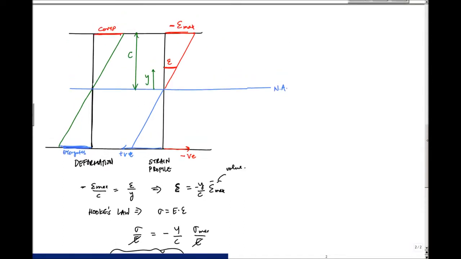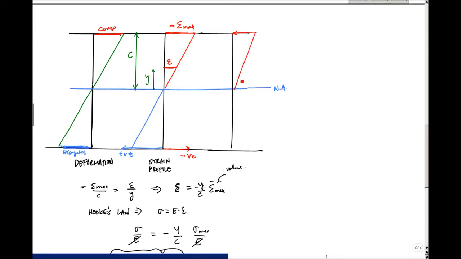And you can see that if you multiply every point of this profile view by the modulus, I would get a compressive or negative stress here, meaning stress going in this direction, causing compression.